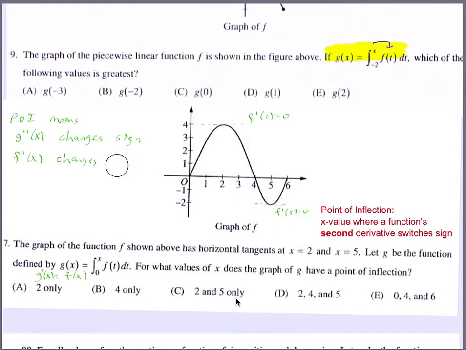And we know that f prime of x is 0, and so it changes sign, going from positive to negative, or negative to positive, at the two places where there's a relative min or max on f, which we know from what the problem told us, that's at x equals 2 and x equals 5.